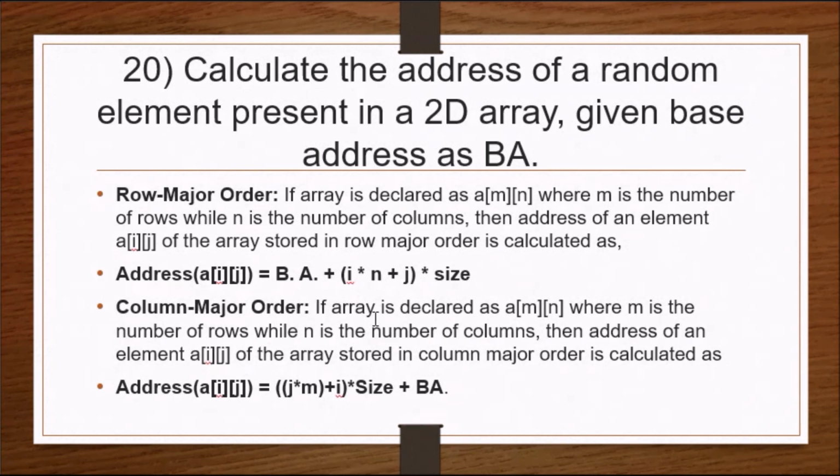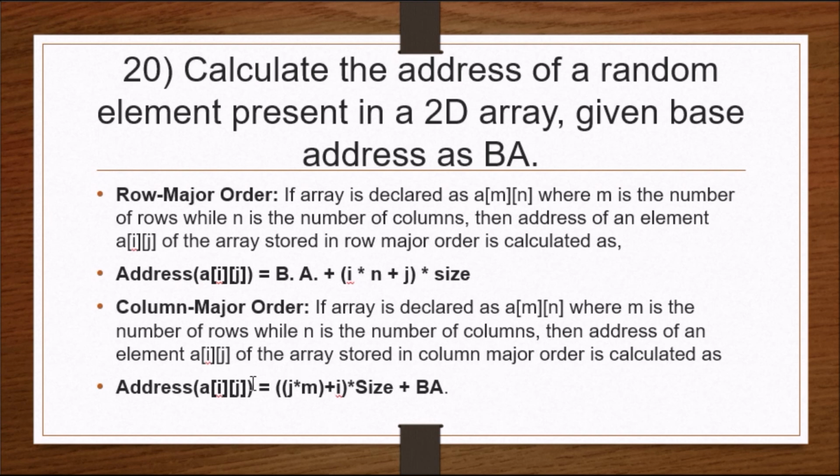In this, if the array is declared as A[m][n], where m is the number of rows while n is the number of columns, then the address of an element a[i][j] of the array stored in column major order is calculated as follows.